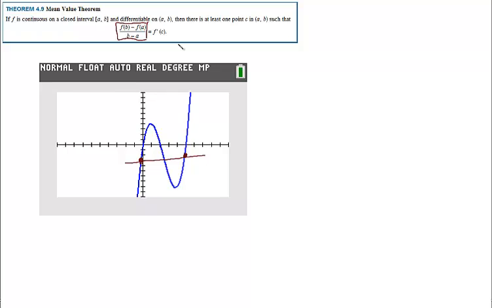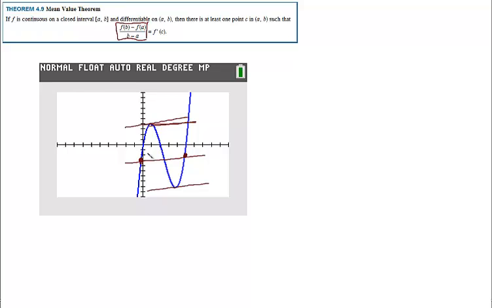There's got to be at least one tangent line that has that exact same slope. It looks like right about here there's one, and right about here has about that same slope.